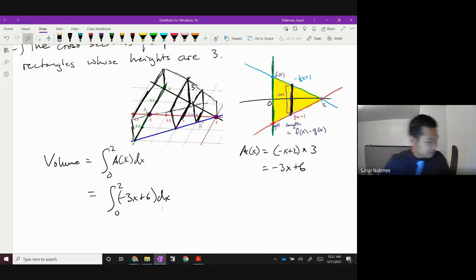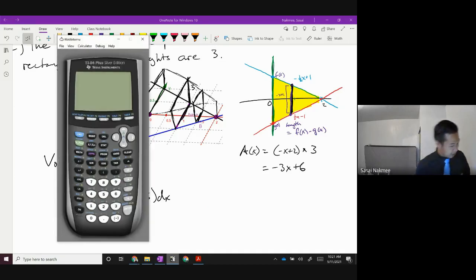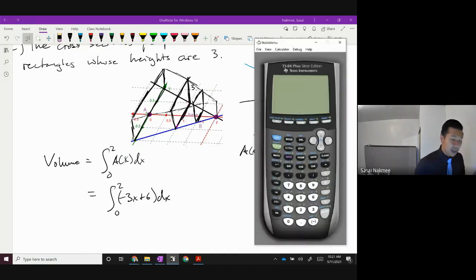But yeah. So we go ahead and calculate this. I'm going to be lazy here and actually throw in a little bit of calculator practice. In some of your homework problems, they'll give you functions and they'll say that you need to calculate the definite integral using a calculator. Do you guys remember how to plug a definite integral into your calculator so you can have it do it for you instead? Hopefully you remember.